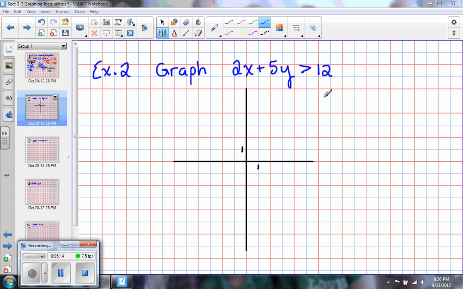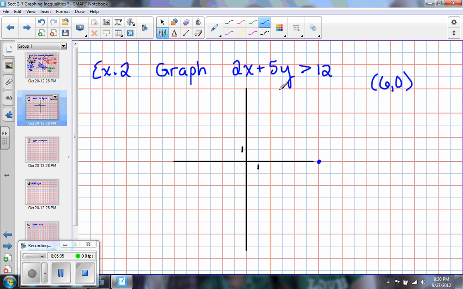For this inequality, I'm going to use the x and y intercept method to graph my line. So if I let y equal 0, I can cover up the 5y. If I let y equal 0, then I get 2x equals 12, or x equals 6. So I know my x-intercept is 6, 0.